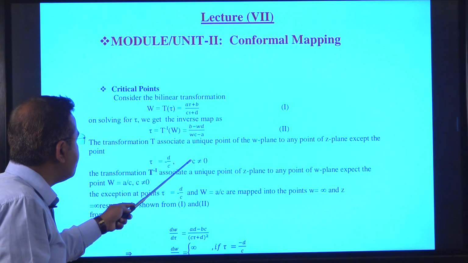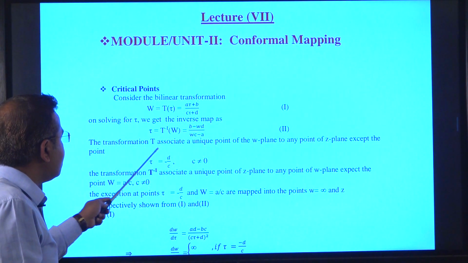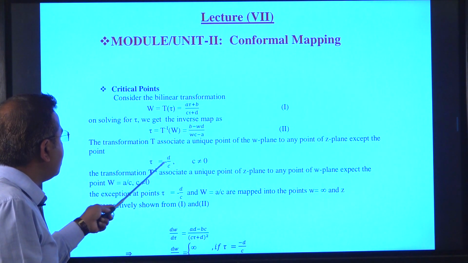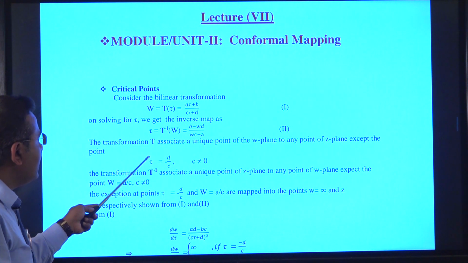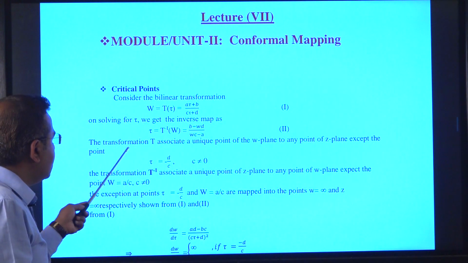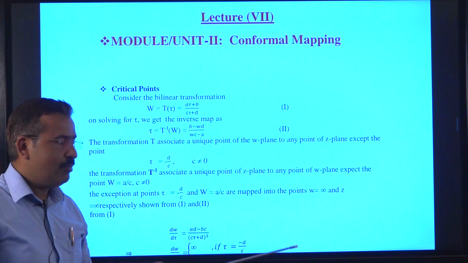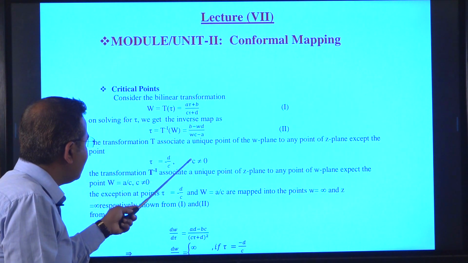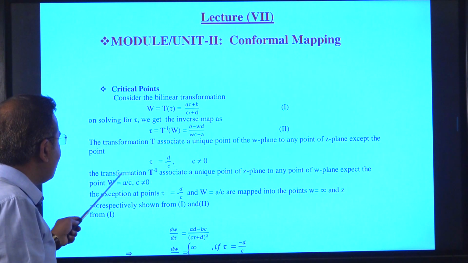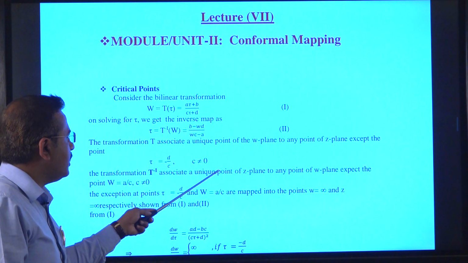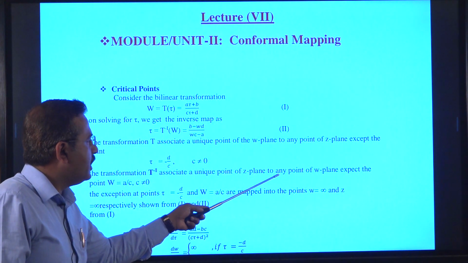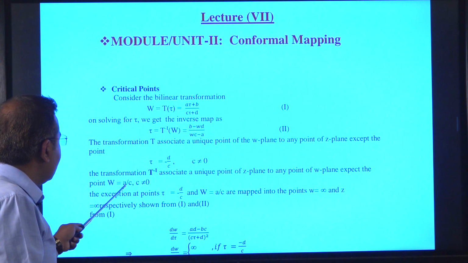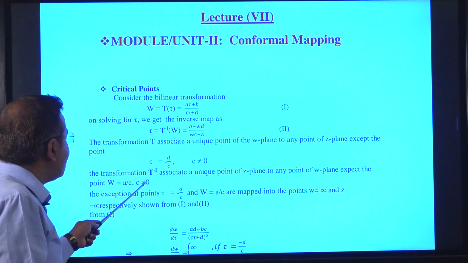When C is not equal to 0, this is the excepted point when we transform from the Z plane to the W plane. So tau becomes minus D by C when C is not equal to 0. The transformation T inverse associates a unique point of the Z plane to any point of the W plane except the point W equal to A divided by C when C is not equal to 0.